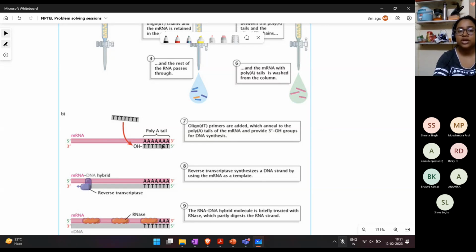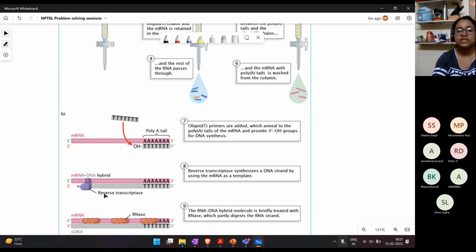Then you have to again use the oligo-dT, which you used in the previous step, and this time it will be used as the primer. As you can see here, this primer is attached at the 5' end and gives an OH group at the 3' end. You need this OH group to which subsequent nucleotides will be added, right? The synthesis will happen from 5' to 3'.